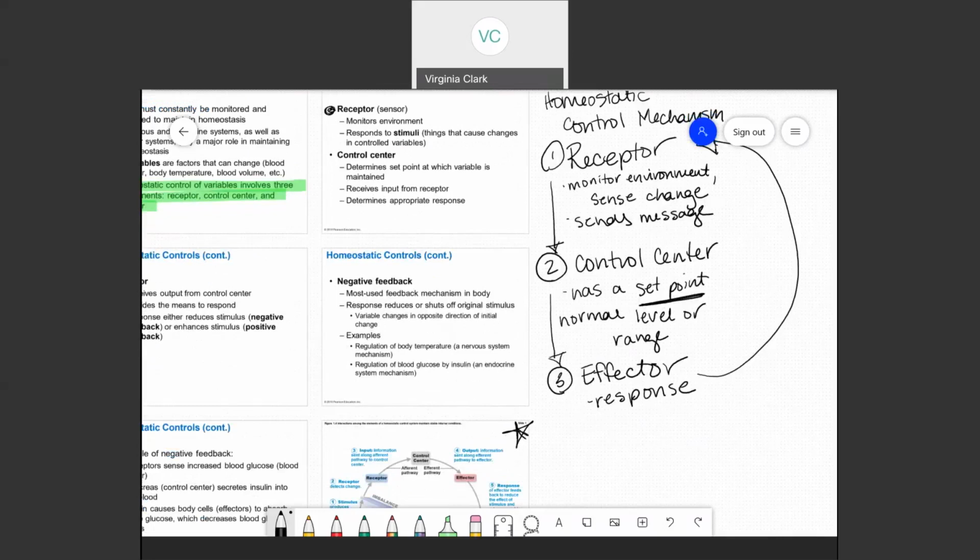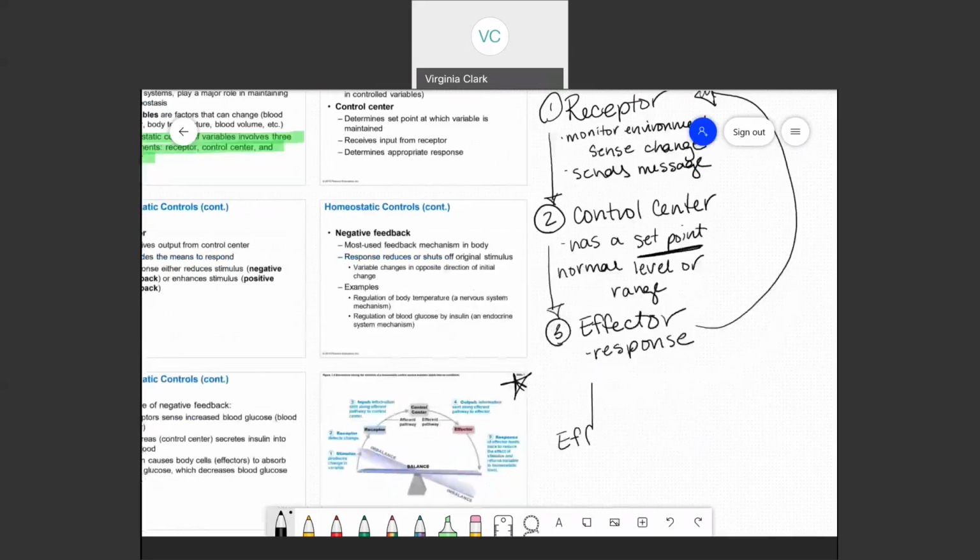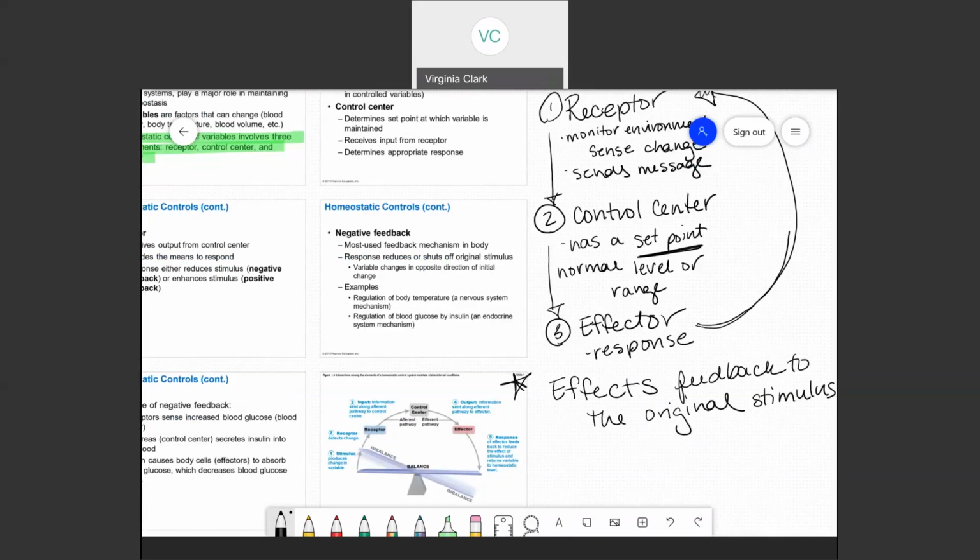The effects will feed back to the original stimulus, and it will decide whether or not it needs to change. The effects of the effector feed back all the way up to the top to the receptor.